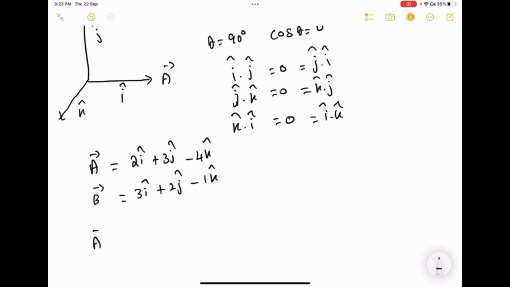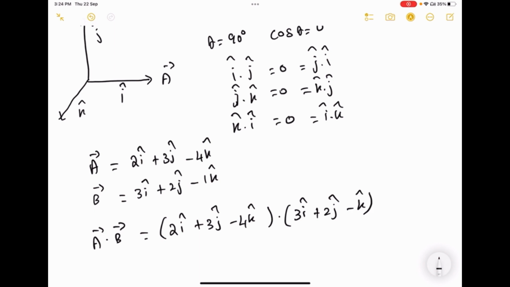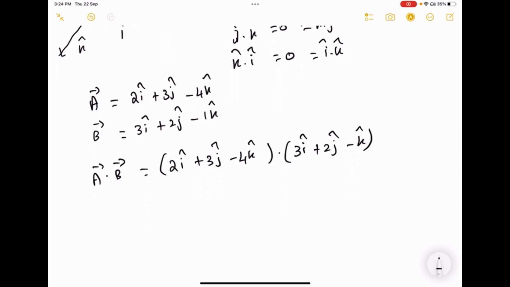So my A dot B equals 2 I cap plus 3 j cap minus 4 k cap dot product 3 I cap plus 2 j cap minus k cap. So if I'm performing the operation between I and I, I'm getting 6. I dot I will become 1 plus. So I dot j will become 0, I dot k will become 0.